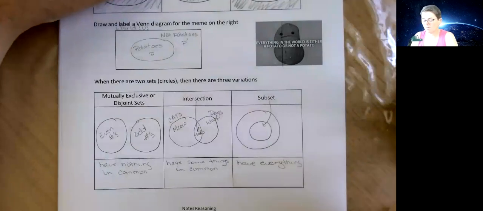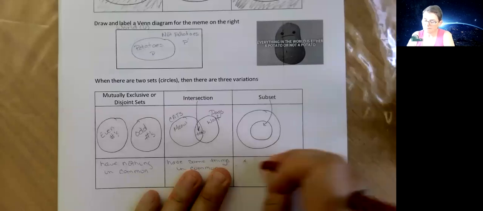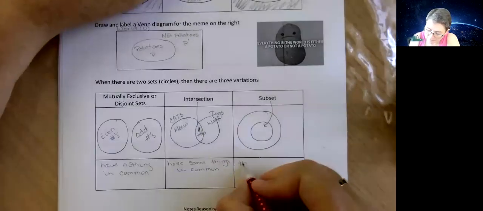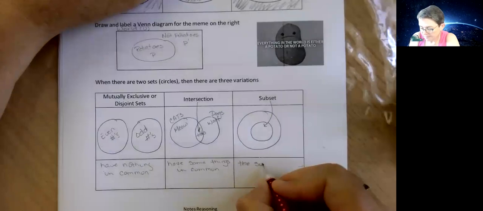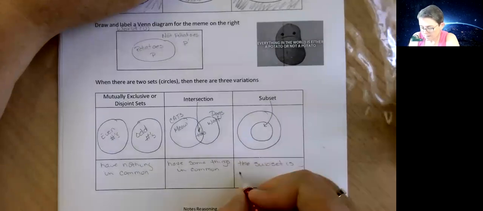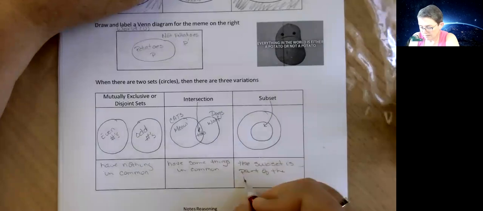That's not quite right, because if they had everything in common, then they'd be the exact same set. The subset is part of the bigger set.